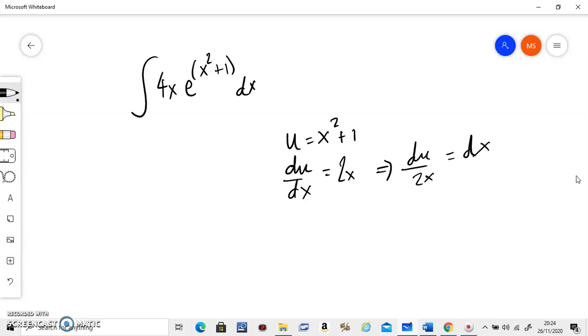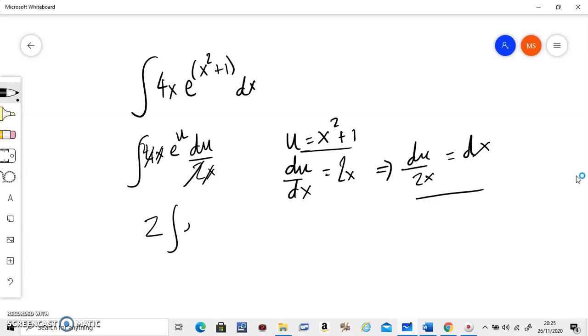The steps remain the same then. In place of the bracket you put u, and in place of dx you put du over 2x. Then you check, this and this cancel, leaving 2, and this cancels. So you're left with 2 integral e to the u du.